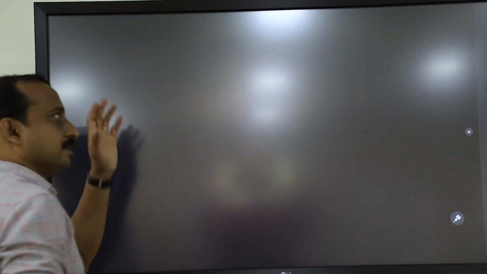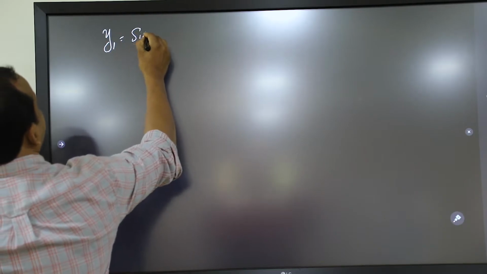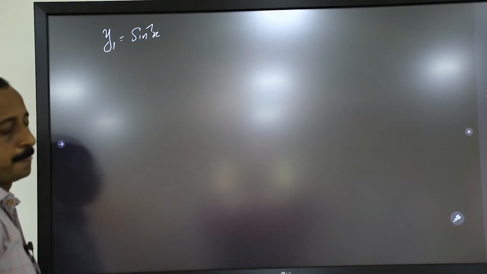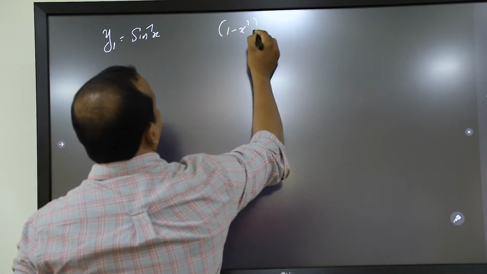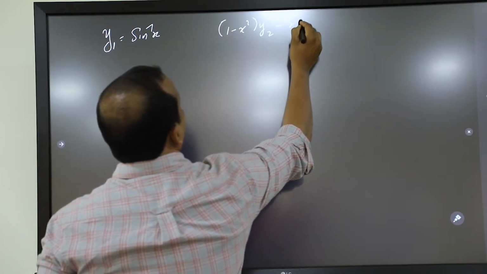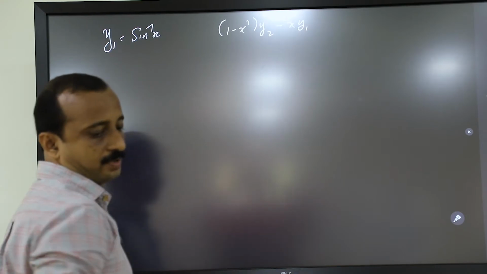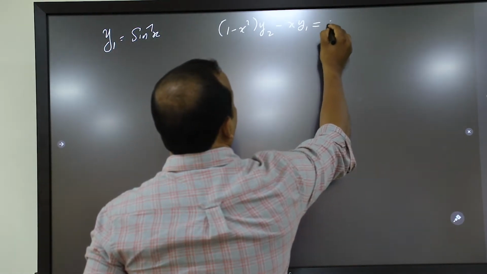Now discuss some problems based on this type of case. y is equal to sine inverse x. Prove that 1 minus x square into y2 minus x into y1 is equal to 0.